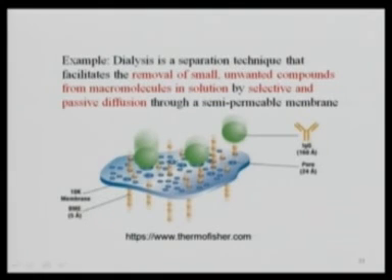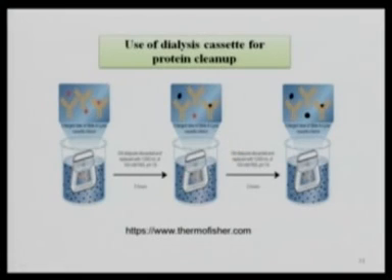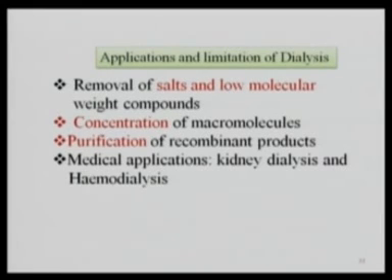In this picture, you can see there is a membrane. That blue one is a membrane, and this membrane allows the smaller ones to come out, while the larger ones are trapped inside. This is the same method where we separate proteins, that is antibodies and antigens. The main advantage of this method is separation of salts and molecules.